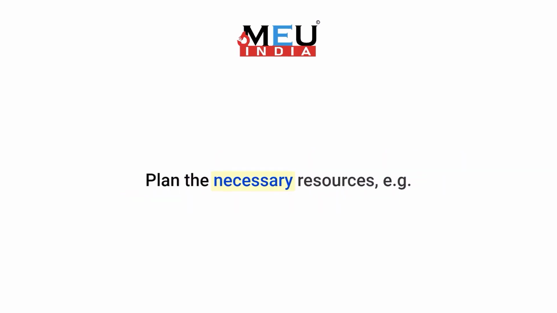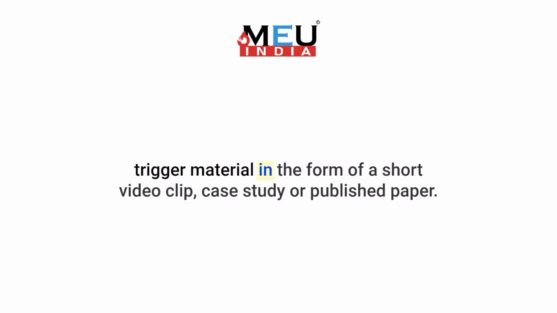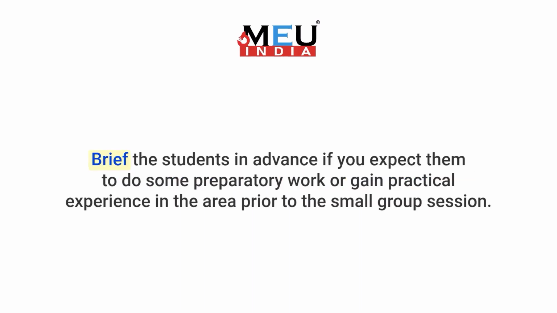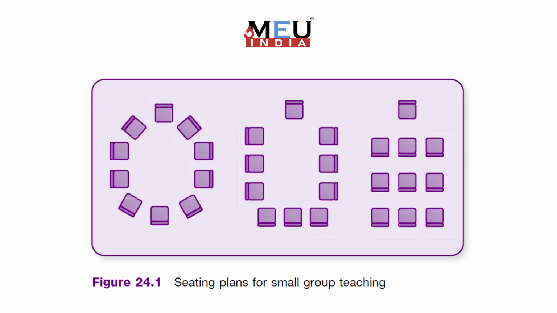Plan the necessary resources, e.g., trigger material in the form of a short video clip, case study, or published paper. The trigger may involve real or simulated patients. Brief the students in advance if you expect them to do some preparatory work or gain practical experience in the area prior to the small group session. Figure 24.1 Seating plans for small group teaching.